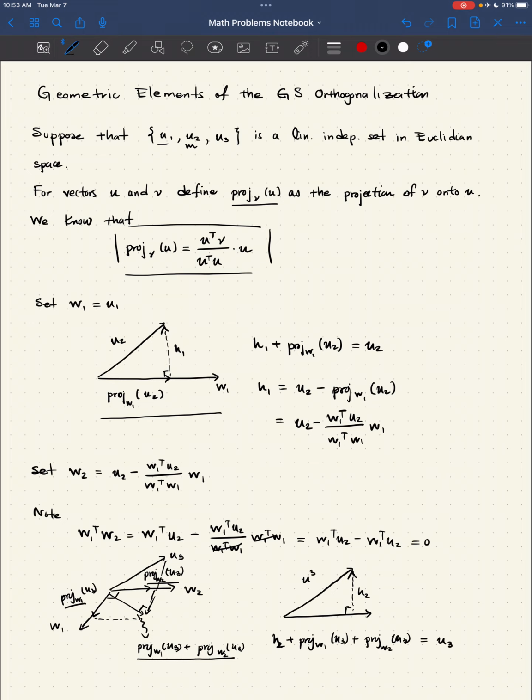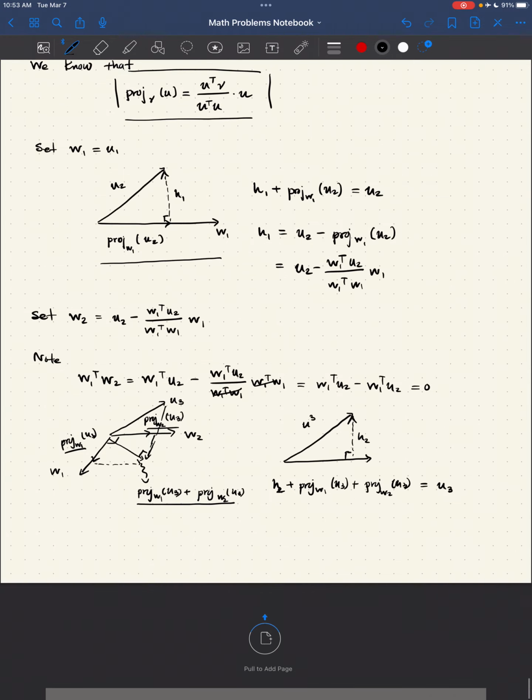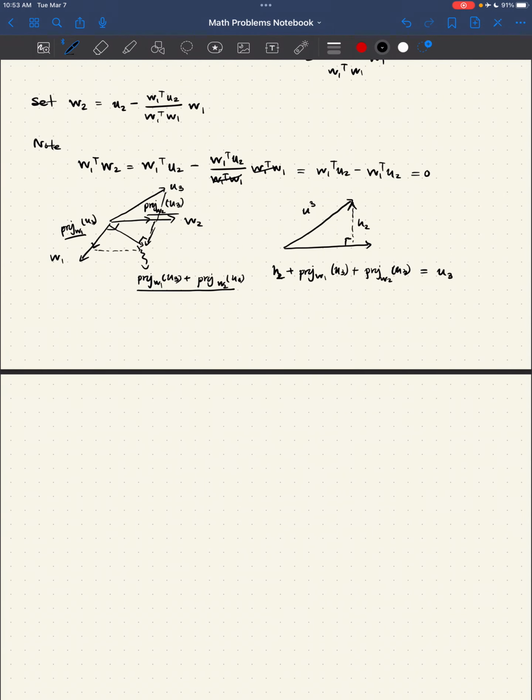This is something that is fundamental, right? Otherwise, this won't work.